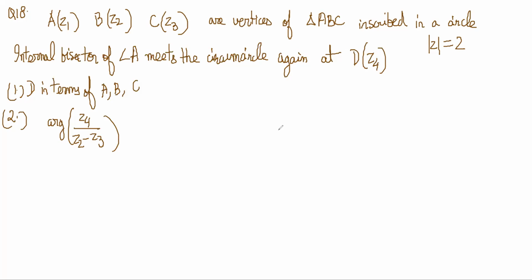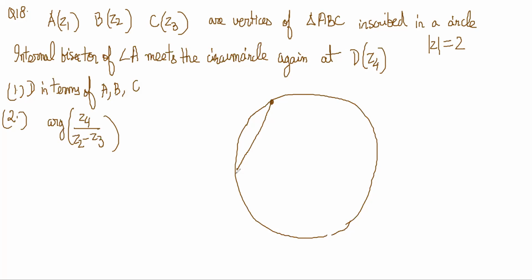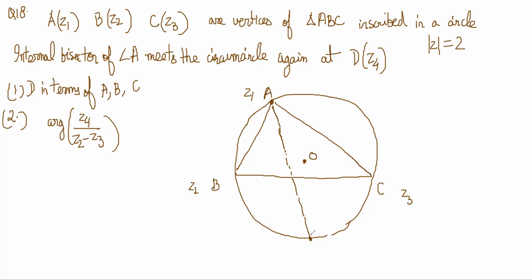Okay, so there is a circle. There is a triangle inscribed in this. This is the center O. This is A, B, C, Z1, Z2, Z3. Internal bisector of angle A meets the circle at D, Z4.